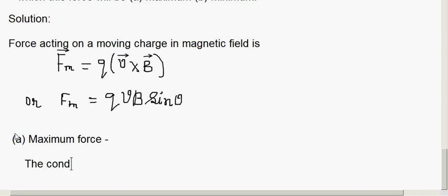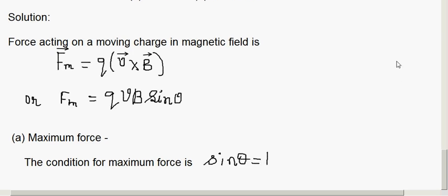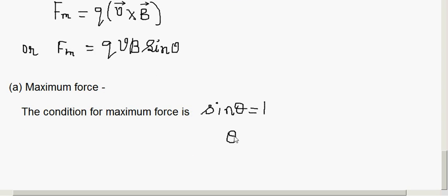The condition for maximum force is sin theta equal to 1, or theta is 90 degrees. That means the angle between B and V is 90 degrees. Therefore, F max can be written as QVB.